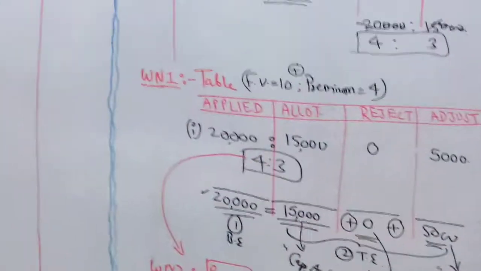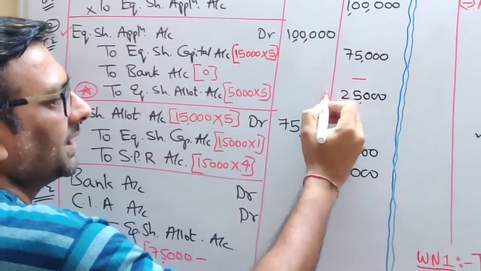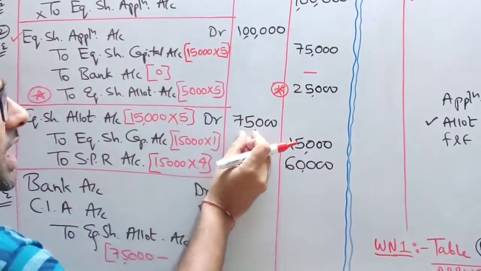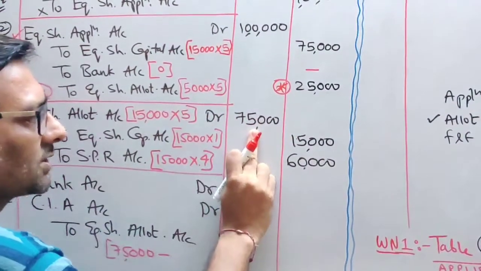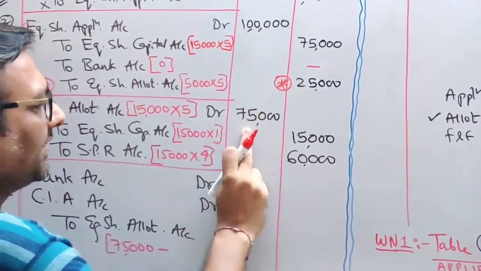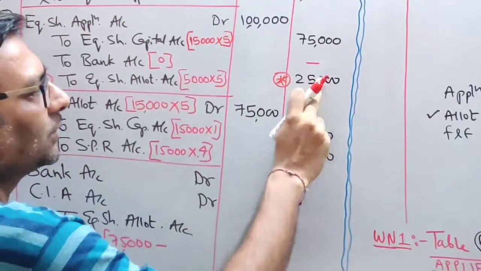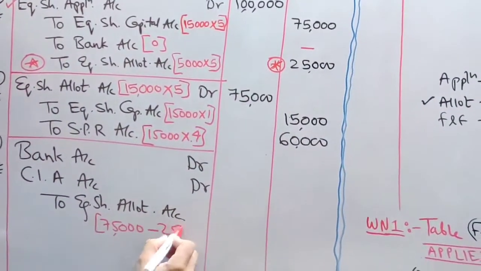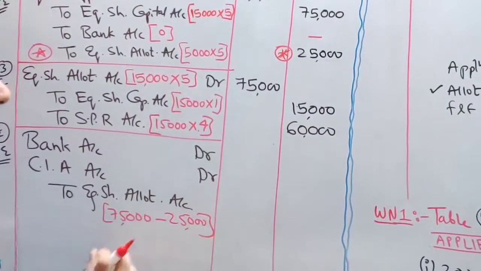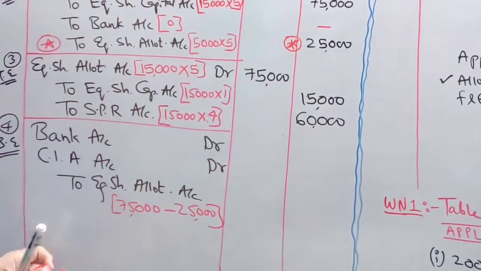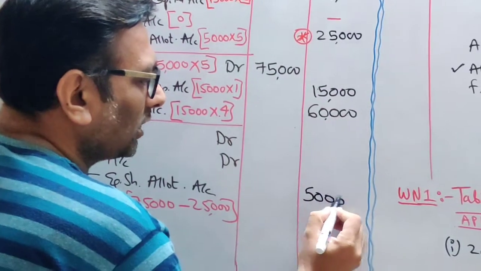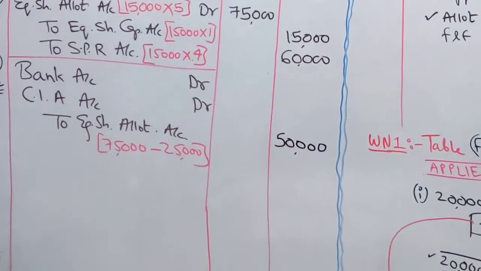So now this is the adjusted amount, 25,000. So you asked for 75,000, but you won't receive 75,000. Why? You need to adjust this 25,000. So after adjusting this excess money of 25,000, how much are you expecting to receive? You are going to receive from all the shareholders 50,000.